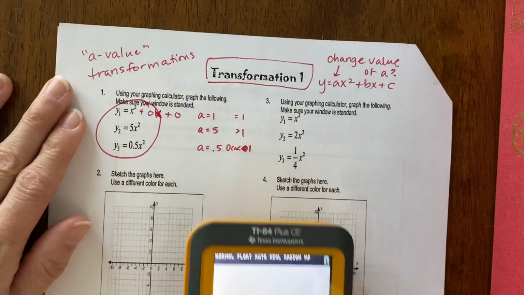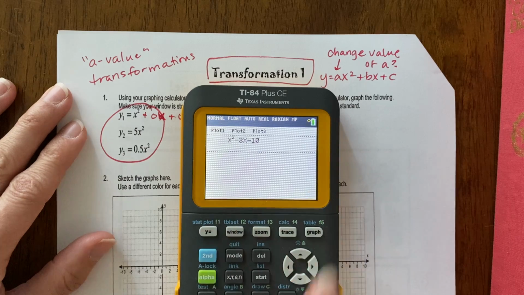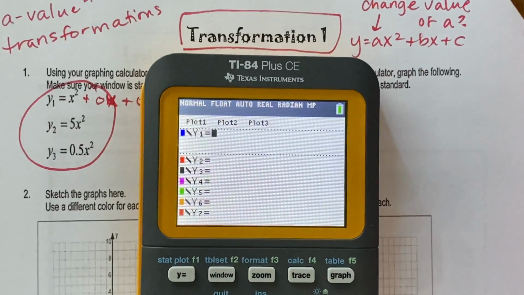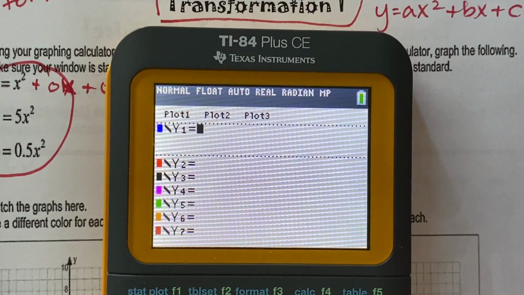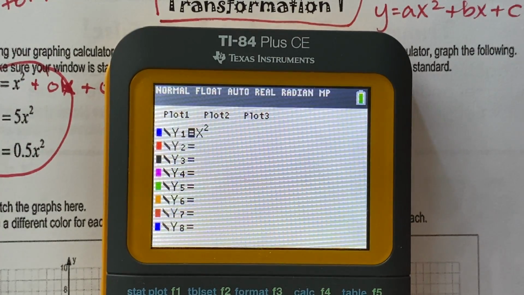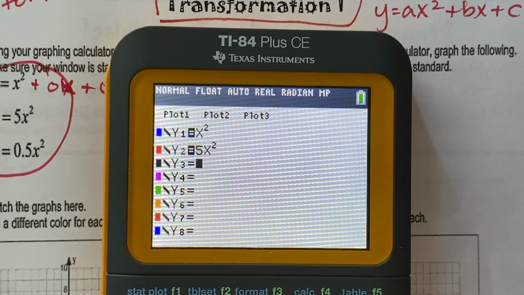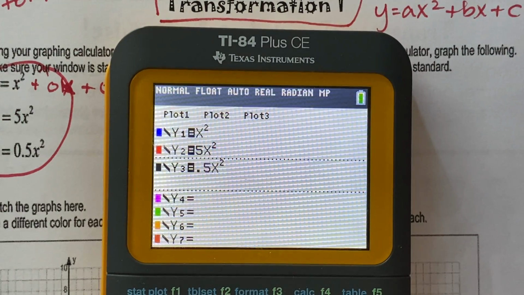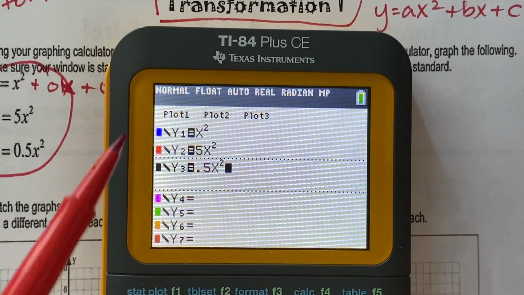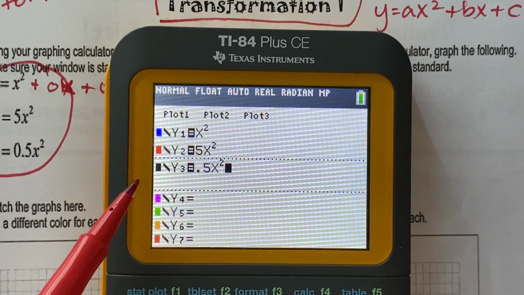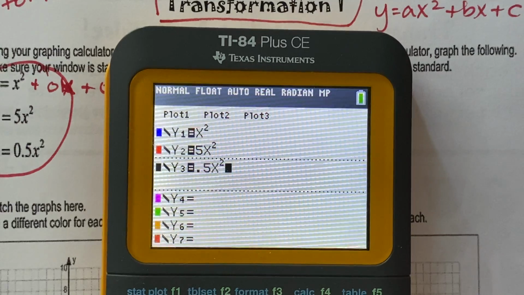Okay, so let's graph these. So you go to y equals, clear out anything you have in there. And let's see, I'll make this a little bit bigger so you can see. So I have x squared, and then in y2, I'm going to put 5x squared, and in y3, I'm going to put 0.5x squared. And I'm going to graph all of these at the same time. So remember, y1 is blue, y2 is red, and y3 is black.